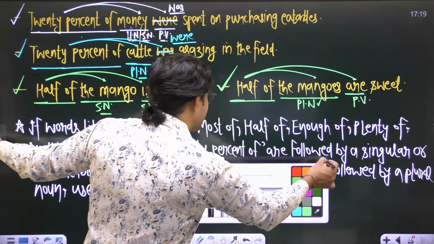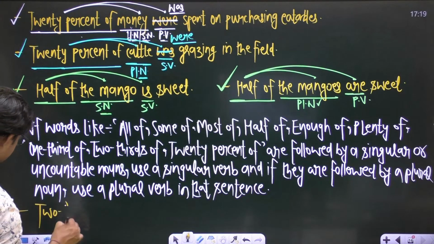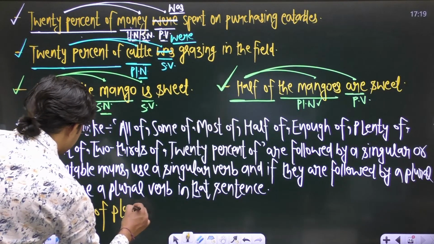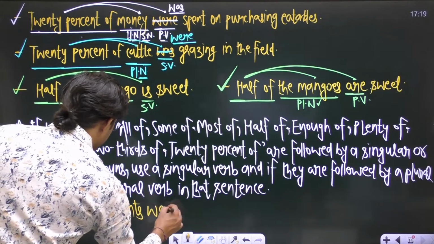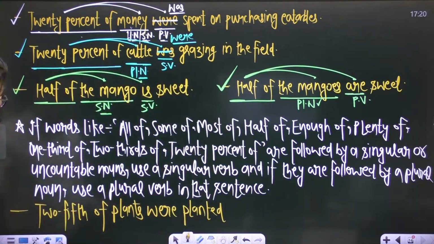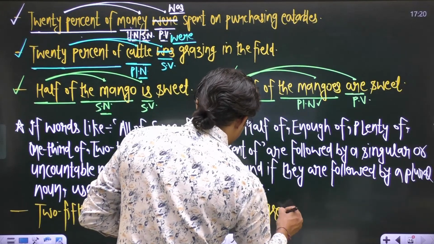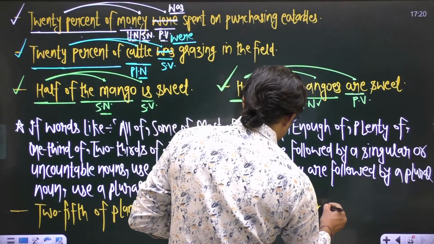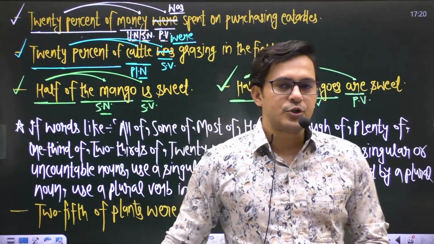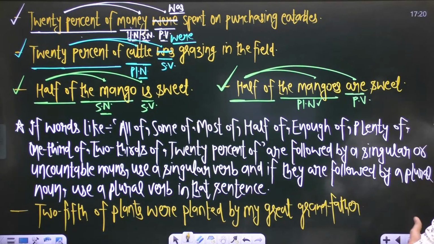You have to answer this sentence, and the sentence is: 2/5 of plants were planted by my great grandfather.